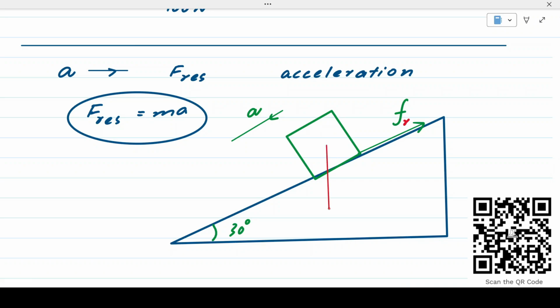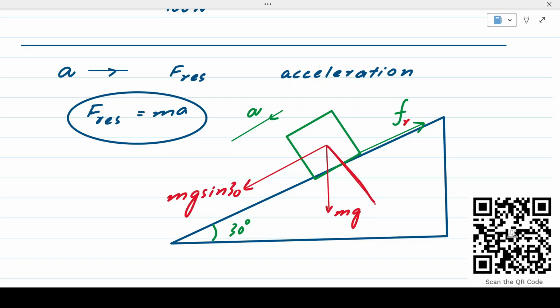The weight is vertically downwards, which is mg, and for an inclined plane you always draw two components of weight, one down the slope and the other perpendicular to the slope. This one would be mg sine 30.